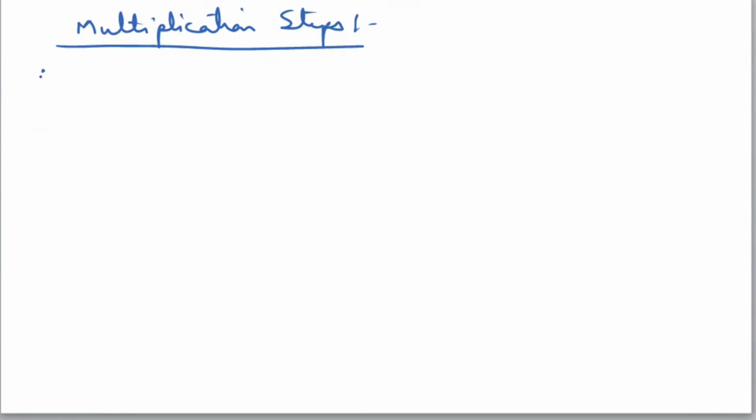So what we learned today in the multi-digit multiplication, and what are the multiplication steps? We learn about the multiplication steps. The first step is multiply by one's digit.